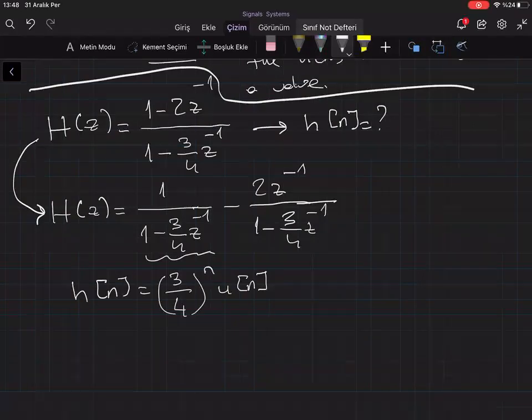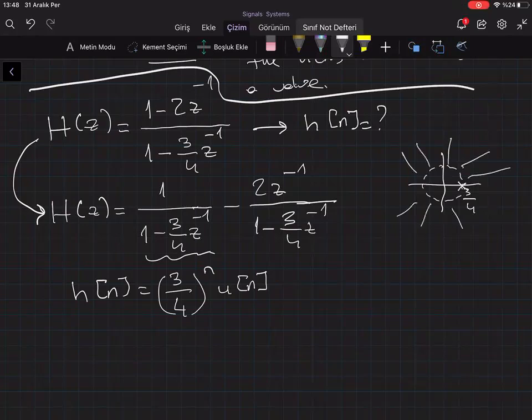Because this structure fits the original form of things to the power n u of n, as we did before. And also, because it's a right-sided sequence, causal and stable, I should say this part is right-sided. Did you understand this part? How I go from h of z to h of n? Without doing any calculations, I immediately see that this is 3 over 4 to the power n u of n. How about this one? Ahmet Özsan?